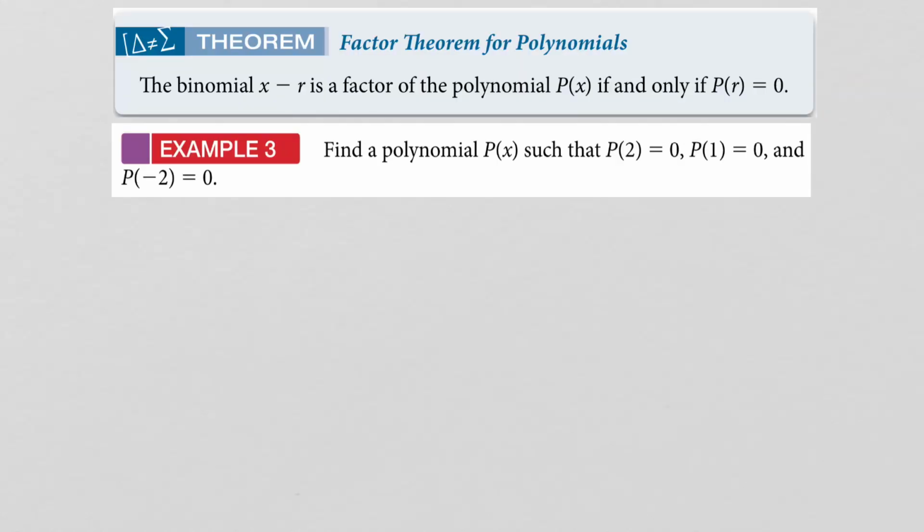So now we have perhaps the most important theorem. This is the factor theorem for polynomials. It says the binomial x minus r is a factor of the polynomial p of x if and only if p of r is equal to 0.